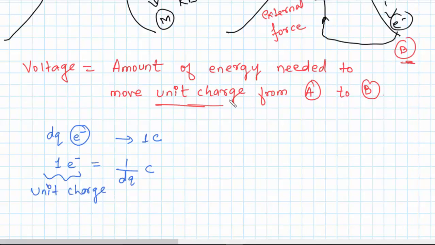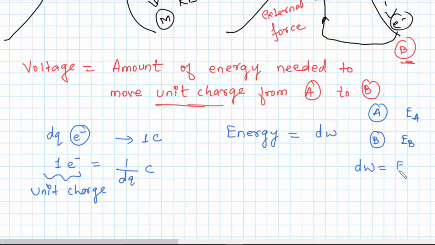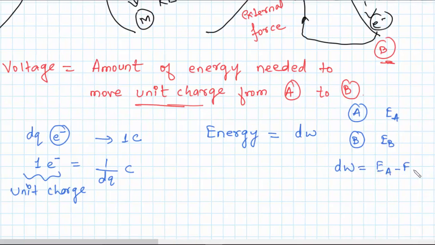Now the amount of energy needed, so energy is generally represented by W. The amount of energy needed to move unit charge from A to B will be represented by, say, dW. So let's say the energy of point A will be E of A, and the energy of point B will be E of B. So dW can be represented as EA minus EB.